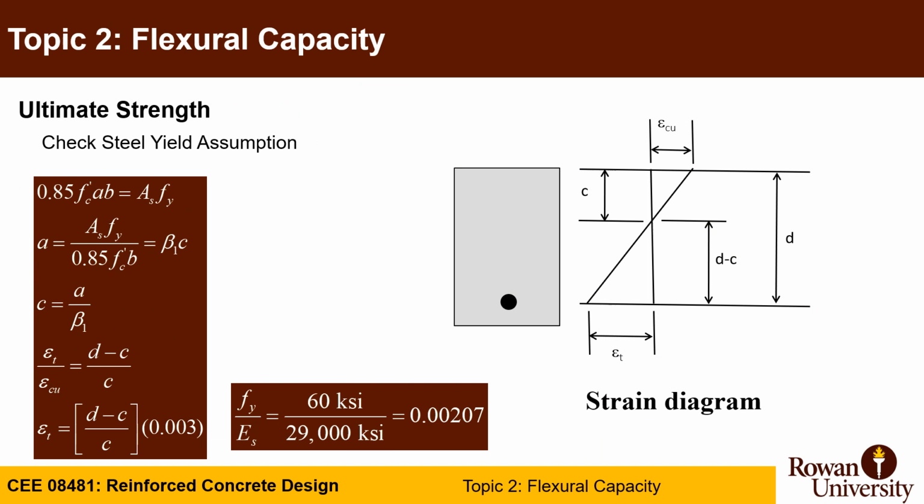So let's recap again. We mentioned before that c equals a divided by beta 1, or a equals beta 1 c.